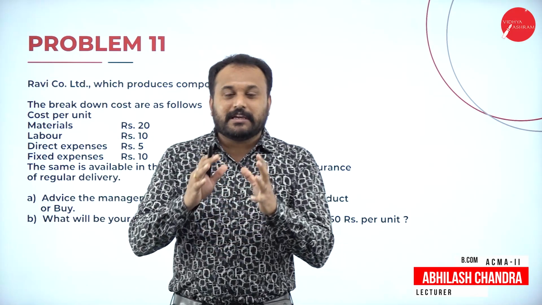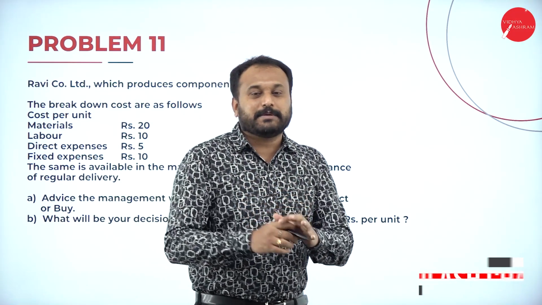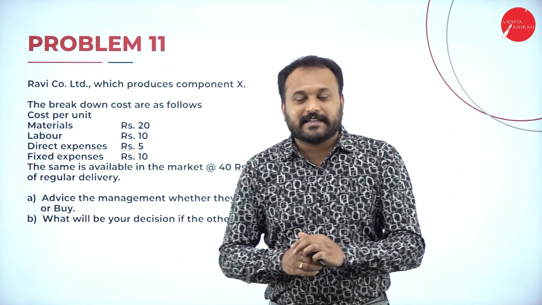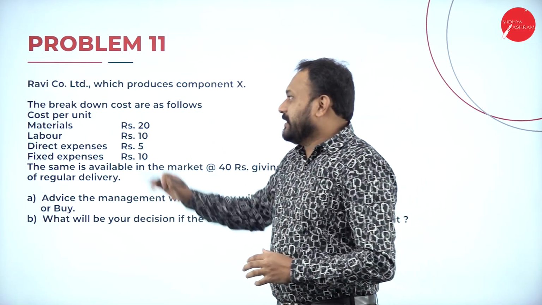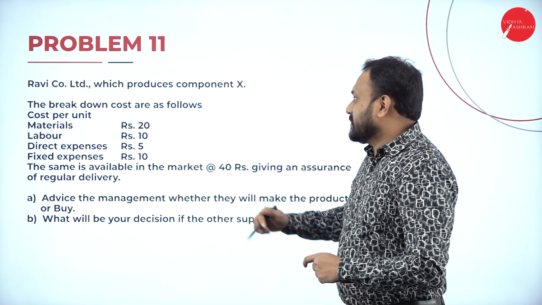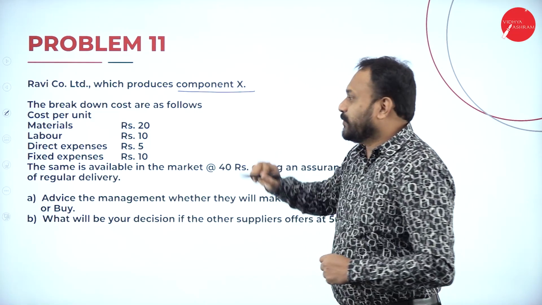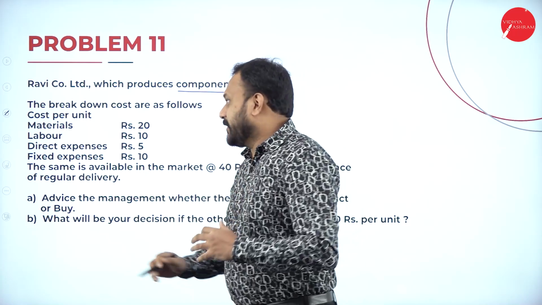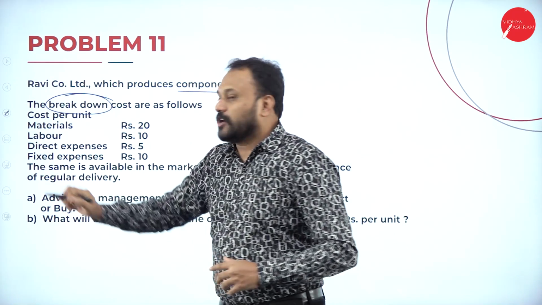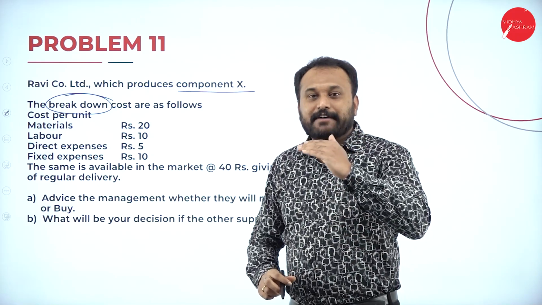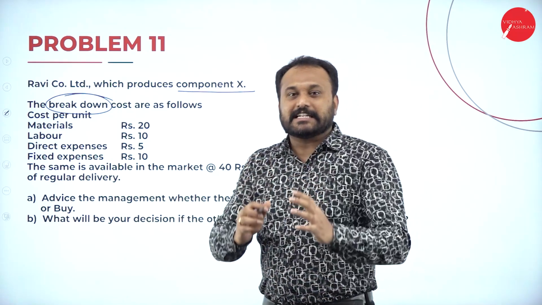Let me tell you here, we are doing this only for you people because we know that education is the birthright of every citizen. So here Ravi Company Limited, which produces component X. Now we have a component X, and what exactly the breakdown cost? See the word breakdown cost means they have given each and everything very transparent.